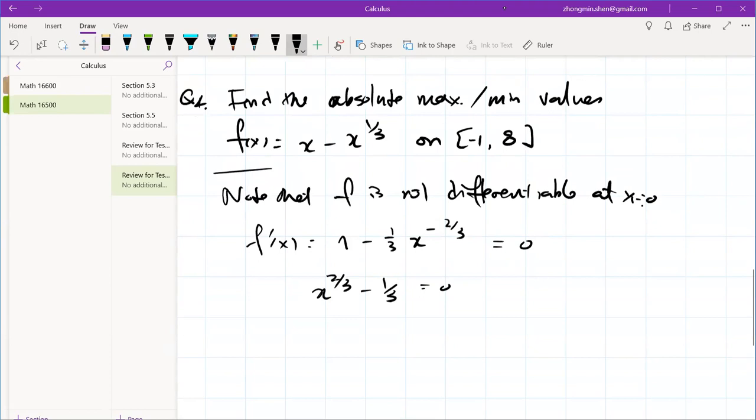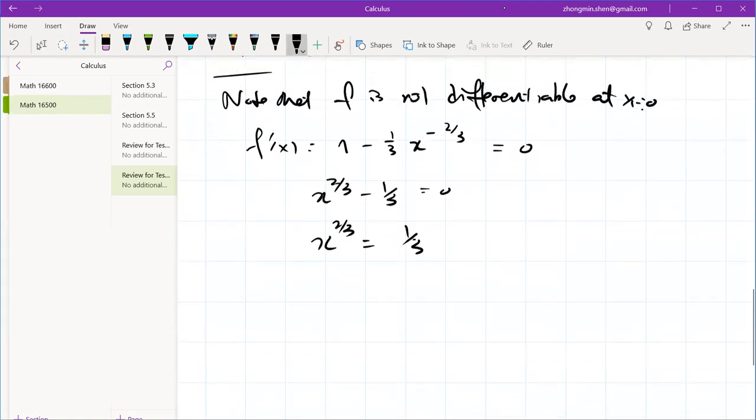And then x to the 2/3 equals 1/3. Be careful. By definition, x to the 2/3 is x to the 1/3 squared.